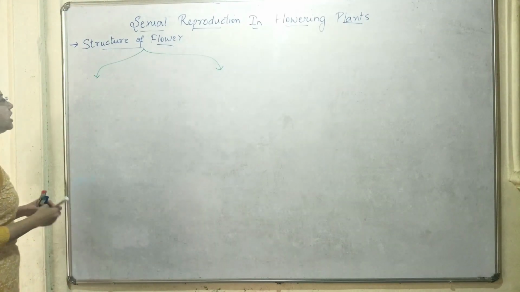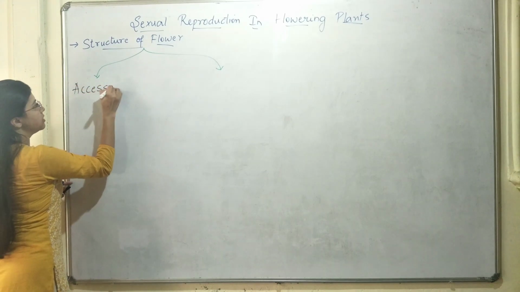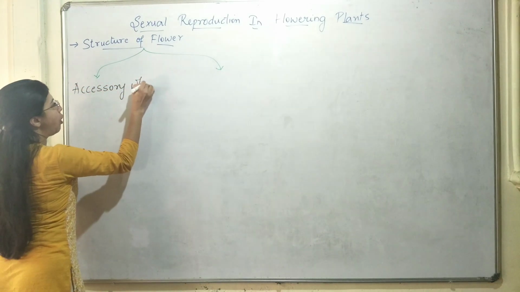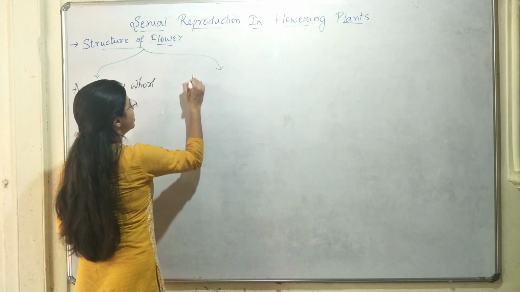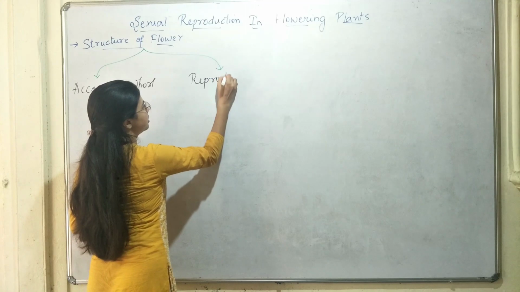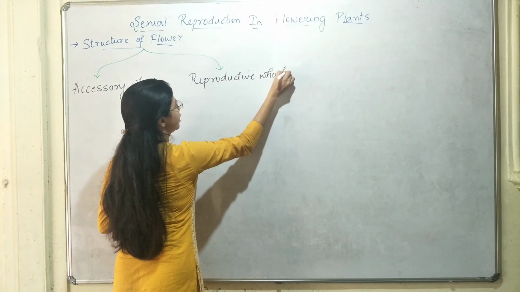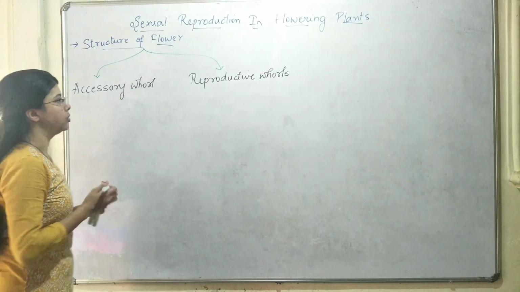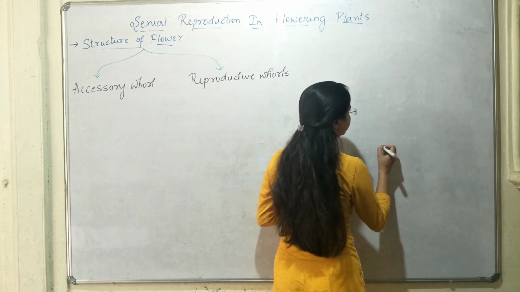You must have studied these even in 11th standard. One whorl is called the accessory whorl, or it can also be called a non-essential whorl, and the second whorl is the reproductive whorl, or it can also be called the essential whorl. Okay, let us draw the structure of a flower now.